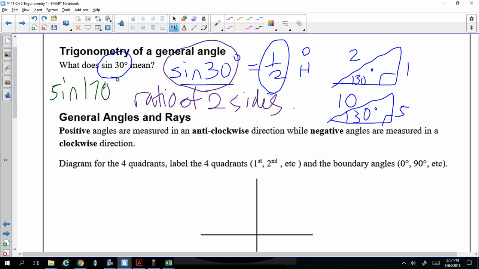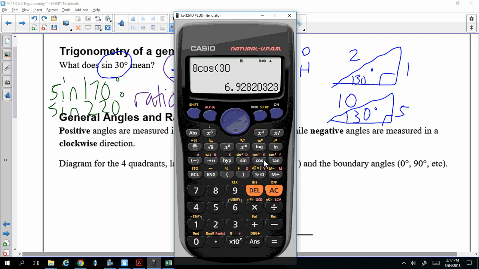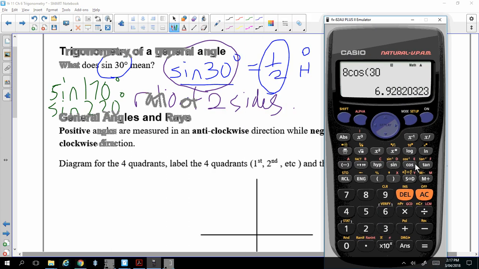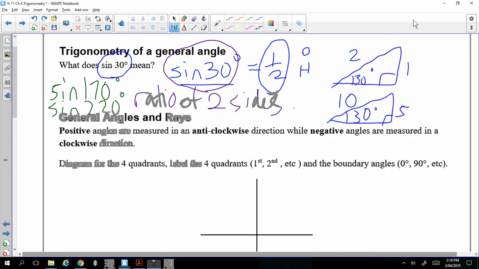But if you use your calculator, it does give you something. 170 does give you a number. We have to know where that number comes from. And if I do 220, it gives you a negative number for no reason. So we're going to decide what it means to do an angle of more than 90 degrees. We're going to have new definitions. But before we do that, we need to define certain things. We have to look at general angles and rays.